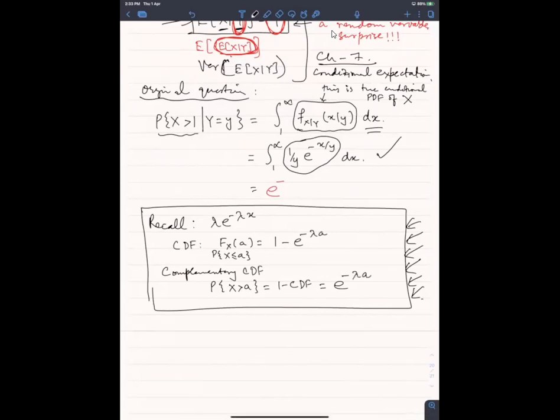Sorry about that, I switched lambda to 1.